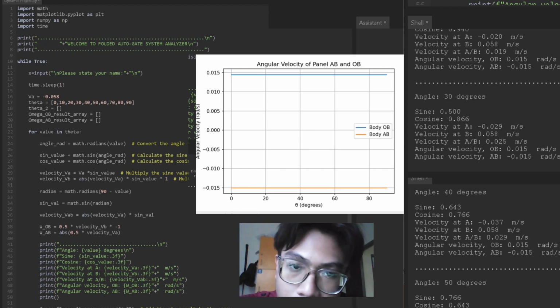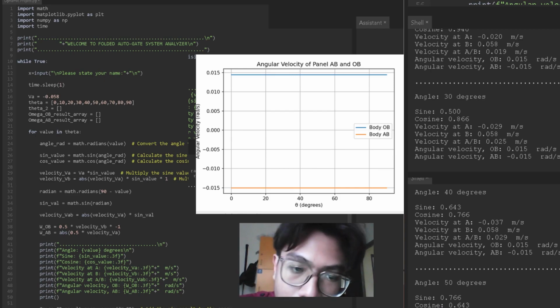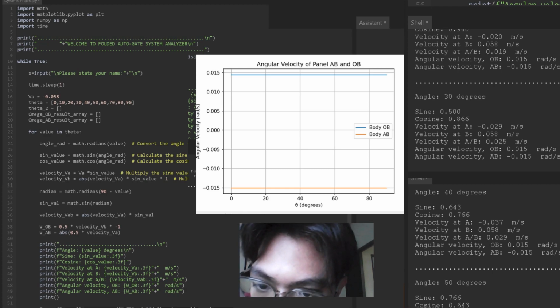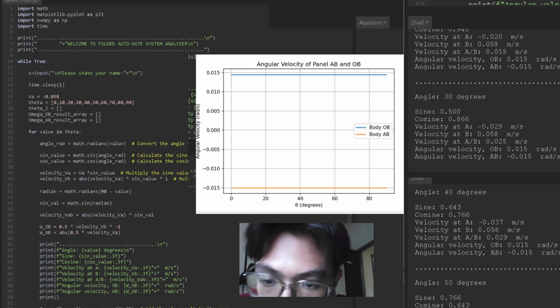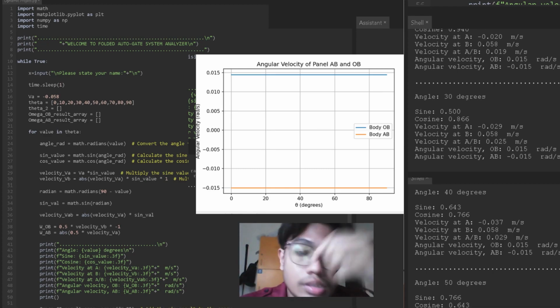As you can see on the left side, I use about 64 lines of coding, and if you look at line number 24, that's where the calculation and the formulas that I used start. I follow the scalar method that my friend has done, so I just translated the scalar method that he uses into code.